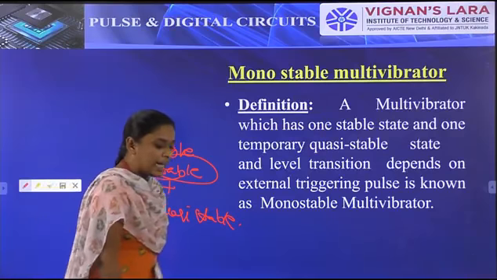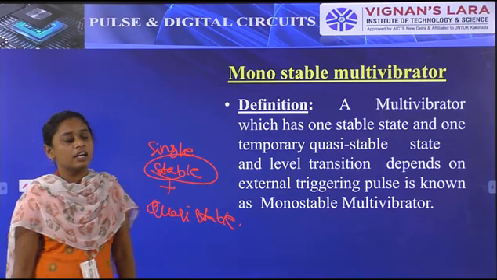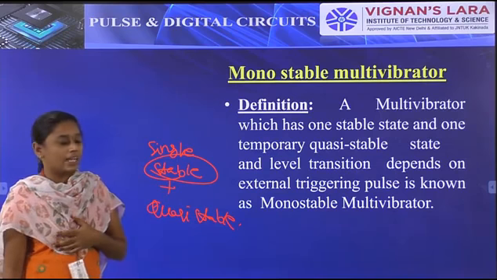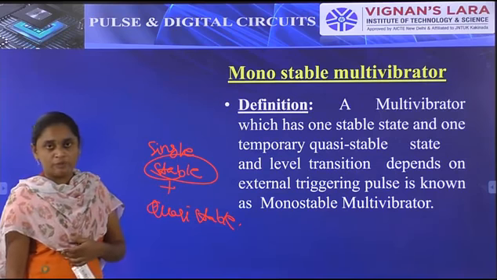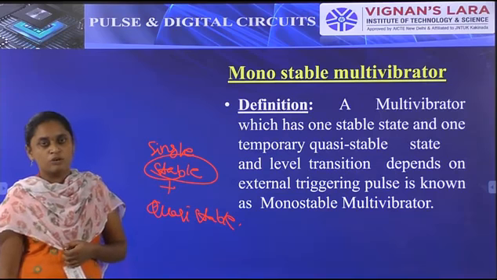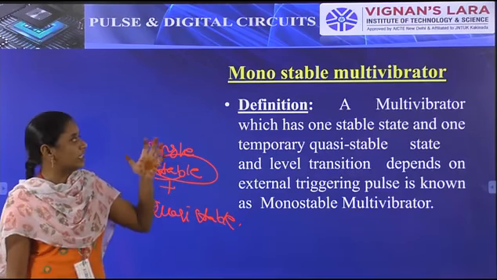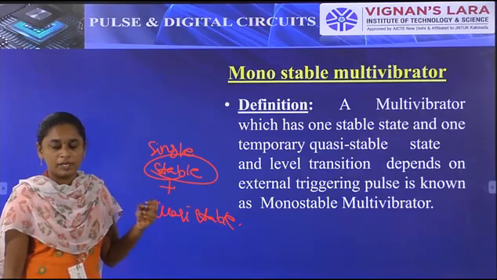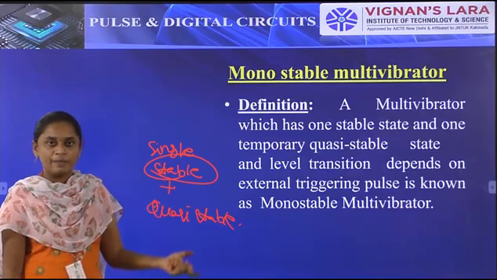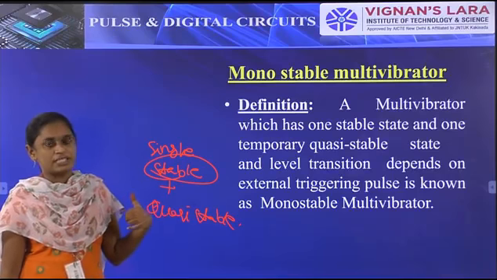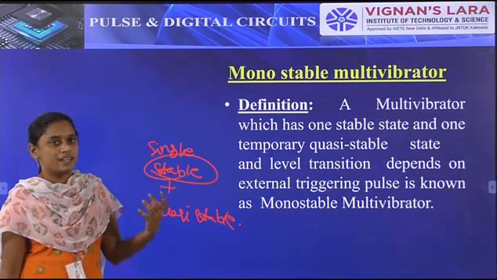As we know, in the stable state we use resistive coupling, and for the quasi-stable state we use capacitive coupling. So the coupling is also different, and in the monostable multivibrator we use both types of coupling. Why? Because it consists of one stable state and one quasi-stable state.